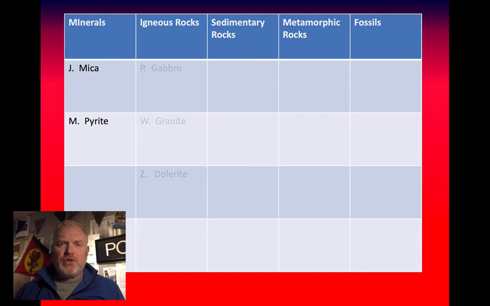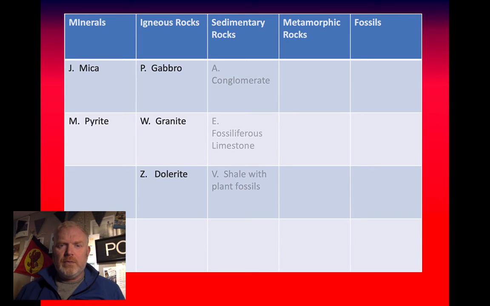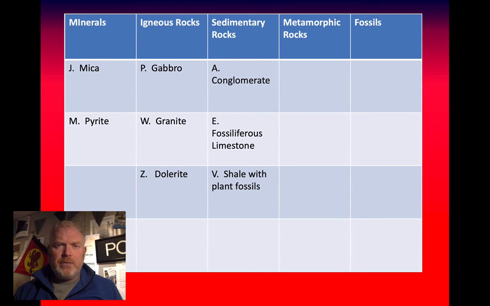Okay, the igneous rocks, specimens P, W, and Z are all igneous rocks. So this is gabbro, granite, and dolerite. Each of these are different types of igneous rocks. The sedimentary rocks, there were 3 of them.